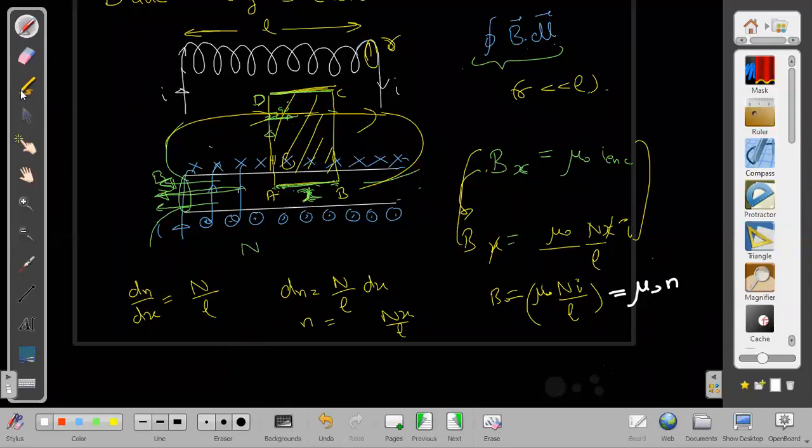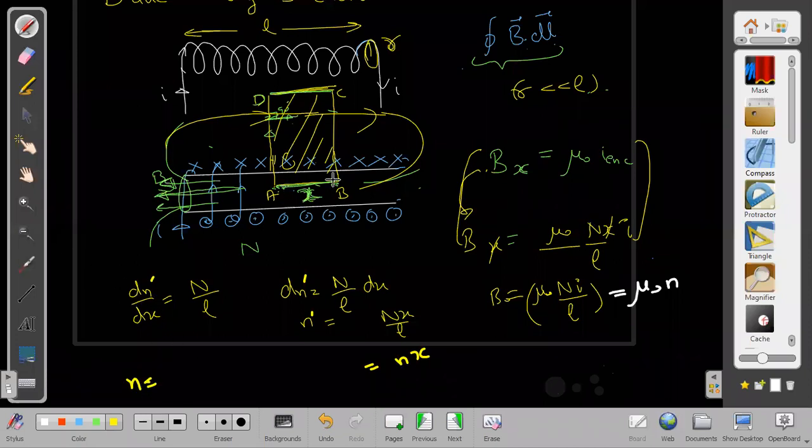I will just change this symbol. You also do that. You just write it as n dash, and this N by l I will represent as small n into x. Small n I will call the number of turns per unit length.